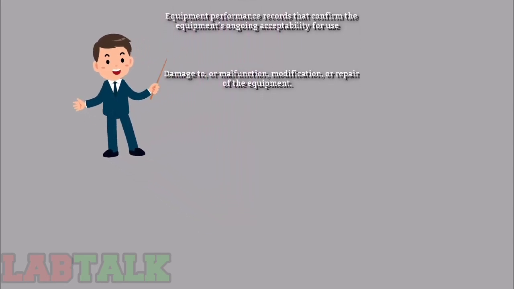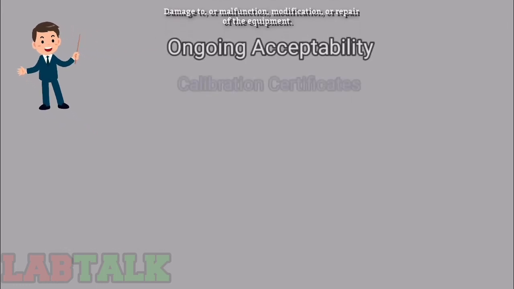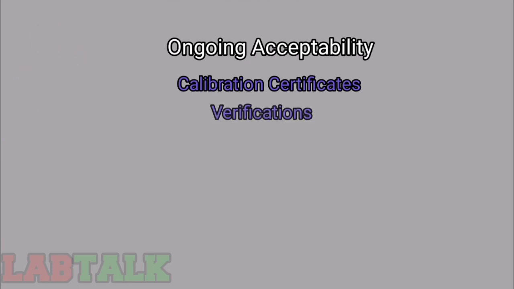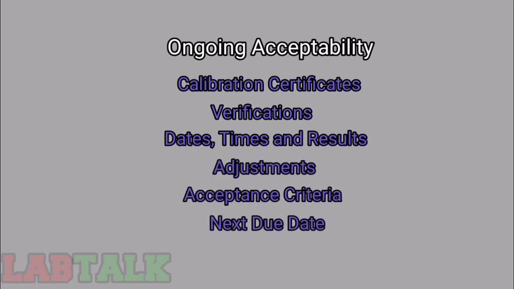The performance record of the ongoing equipment acceptability should include copies of reports or certificates of all calibrations and verifications, including dates, times and results, adjustments, the acceptance criteria and due date of the next calibration or verification.